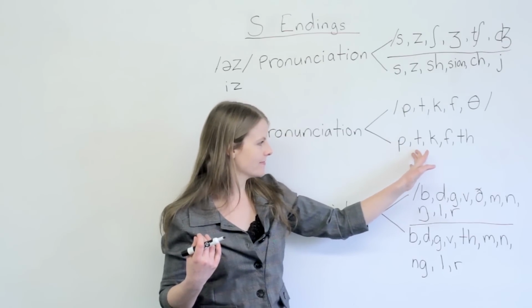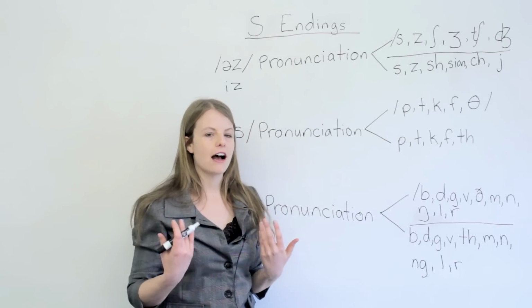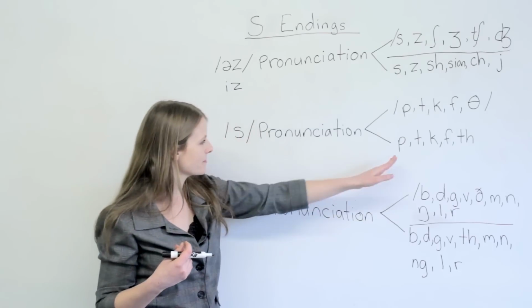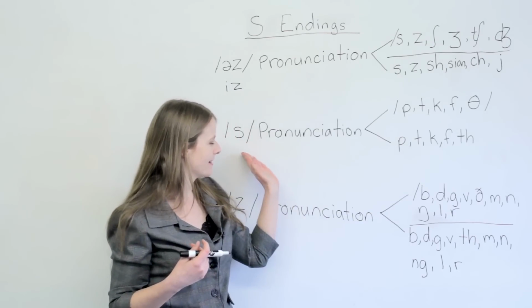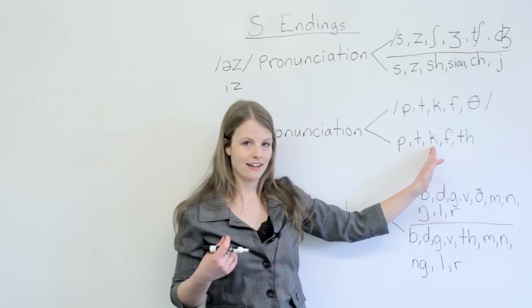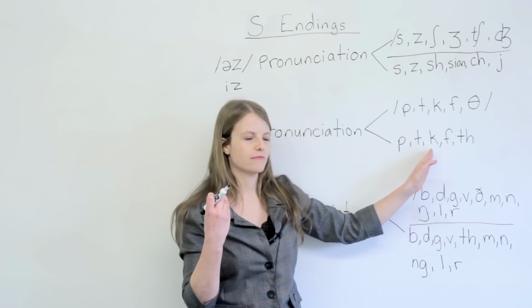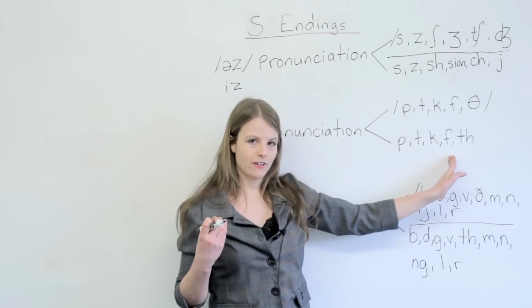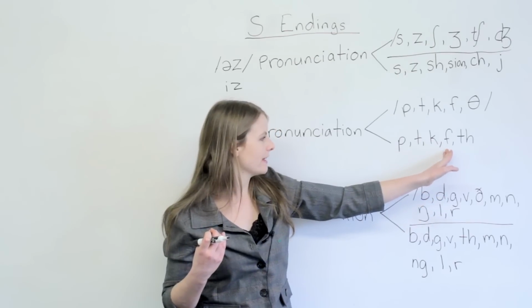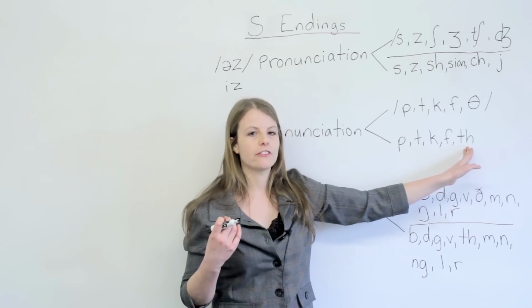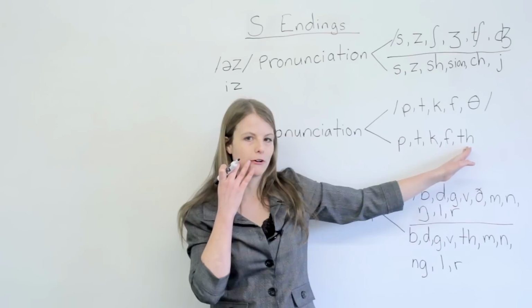T, think beets, the food you eat, beets. It has an S sound. K, book. You hear it ends in a K sound? Books. F, we also use the S sound, and TH, mouths. This, your mouth, mouths.